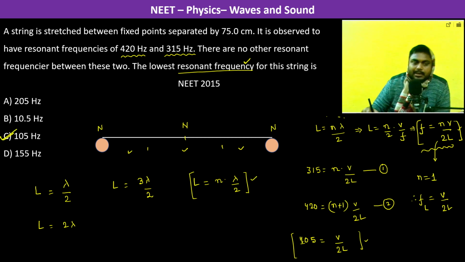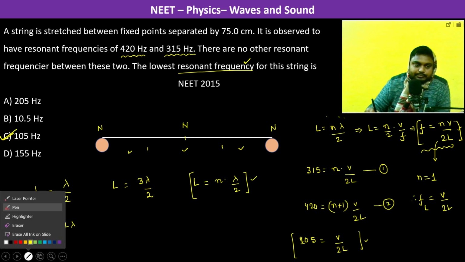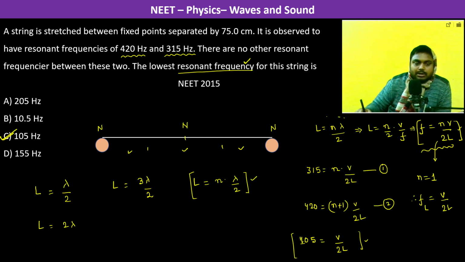See, I'll just repeat what we did. So first we found out the pattern between them. So this is basically, it can be compared to a closed organ pipe, okay, which is having a displacement node at both the ends.